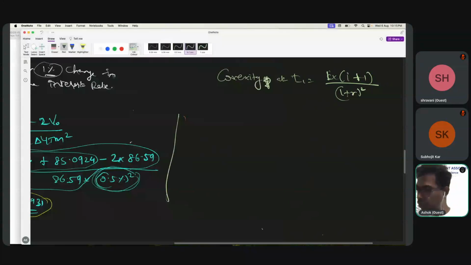Let me write the formula: t into t plus 1. So for the first year it will be 1 into 1 plus 1, divided by 1 plus 15 percentage, square.